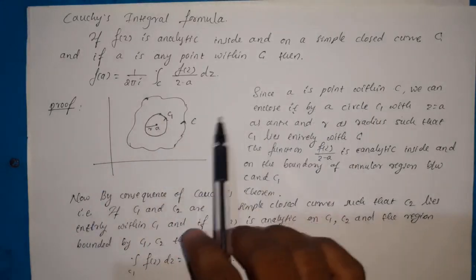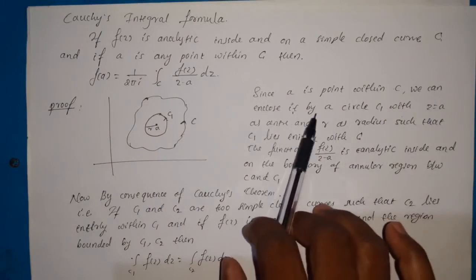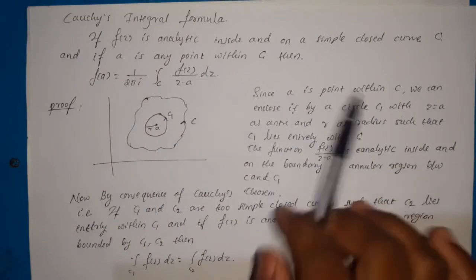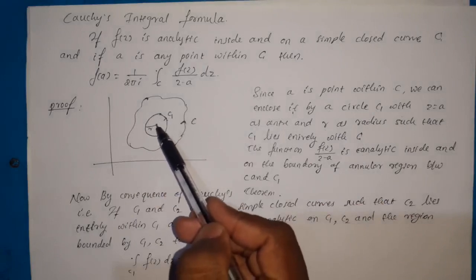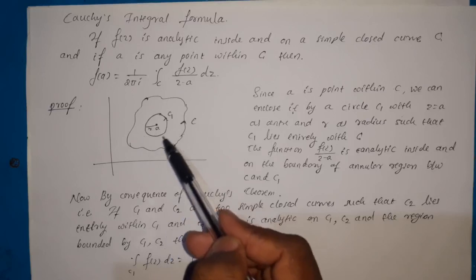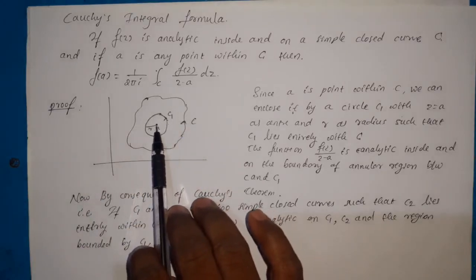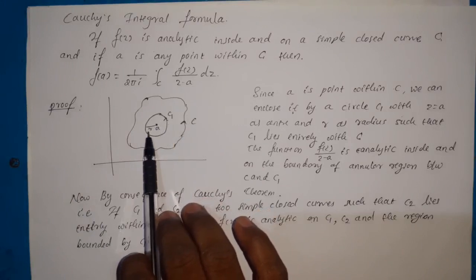Now, A is a point within C, so we can enclose it by a circle C1. Here we have enclosed the point A by another curve, that is C1, but here C1 is a circle with center A and radius r.